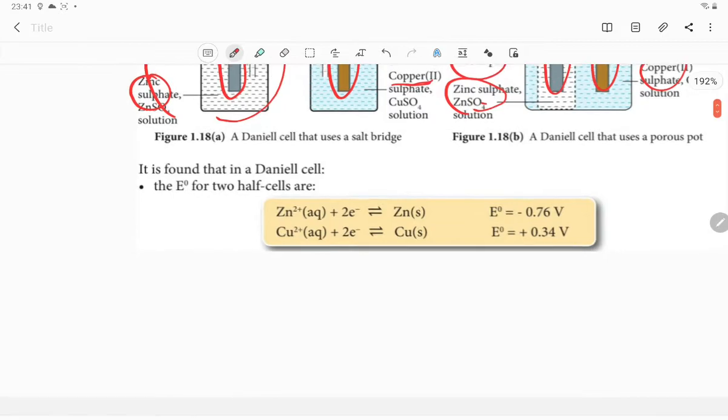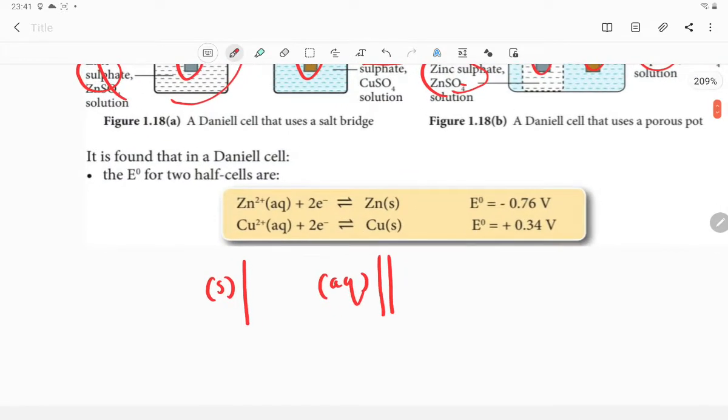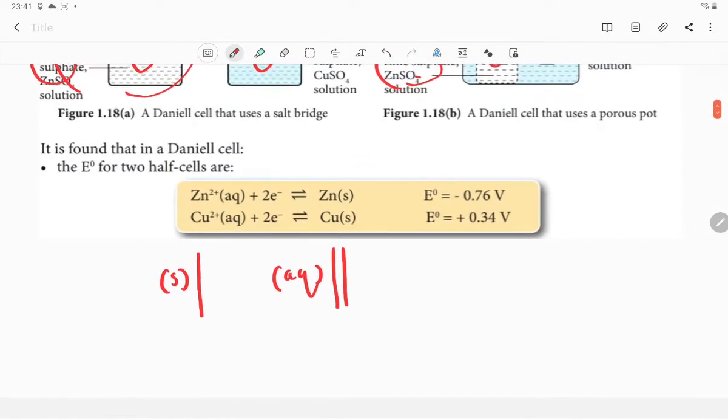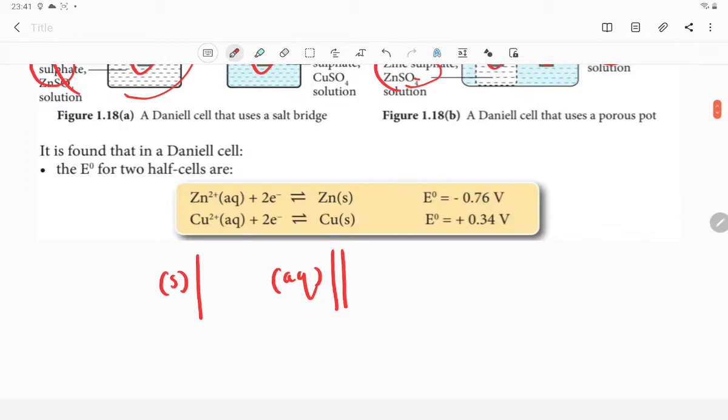Okay, cell notation. First you have to write electrode, garis macam tu, lepas tu tulis dia punya ion in aqueous state, lepas tu ada dua garis macam ni menunjukkan ada salt bridge dan juga porous pot.